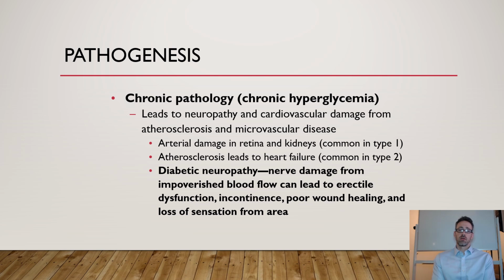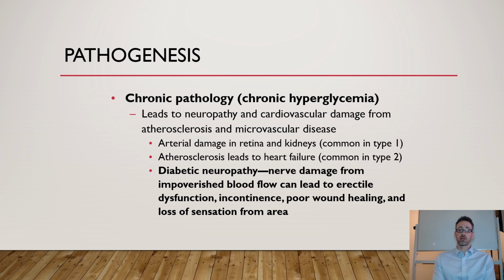The diabetic neuropathy is really nerve damage from lack of blood flow, and lack of blood flow to certain regions of the body because of the microvascular disease can lead to erectile dysfunction, incontinence, poor wound healing, loss of sensation from an area, and a host of other issues, ischemia to the heart and brain and so on.